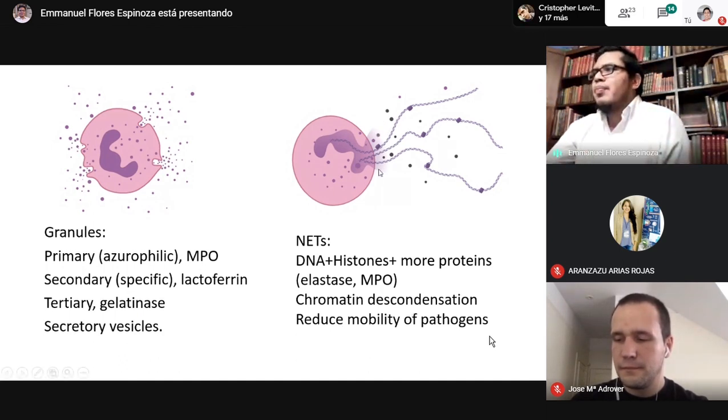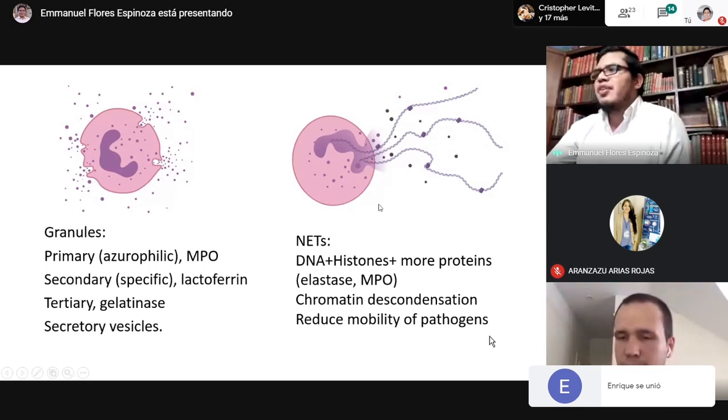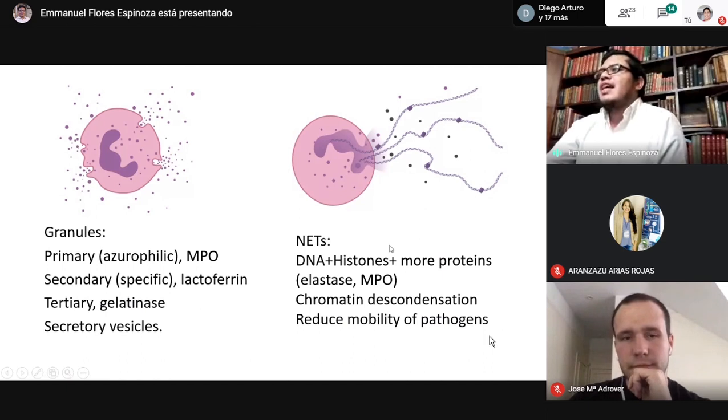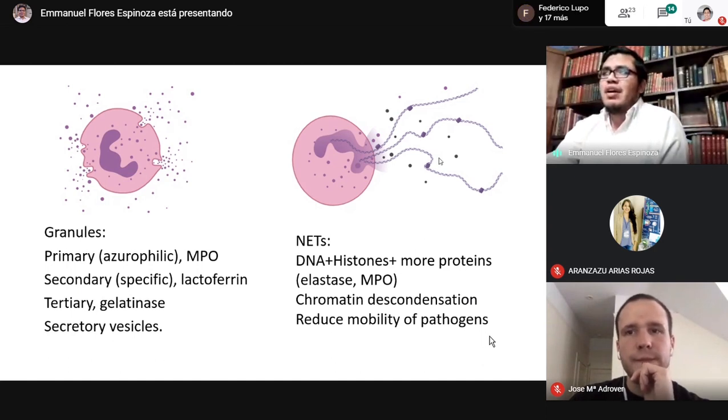The purpose of NETs is principally to reduce the mobility of pathogens and to promote the death of the different pathological targets by releasing different proteins, including proteins that degrade the extracellular matrix, which permits the recruitment of more immunological cells to improve the response against the pathogen.